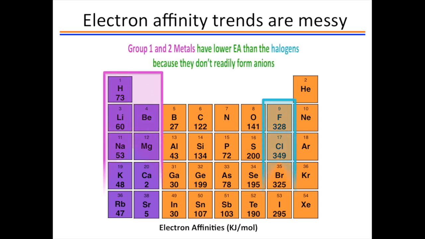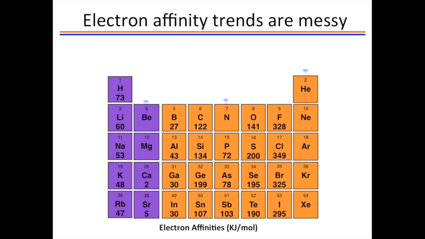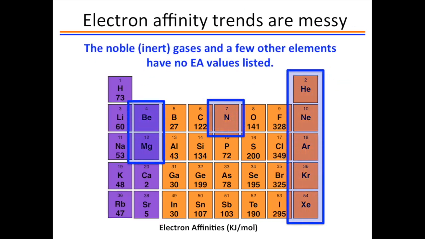Notice that the metals have significantly lower electron affinities than the halogens. Also notice that the noble gases and a few other elements have no electron affinities listed. The formation of an anion from these elements is not favorable.